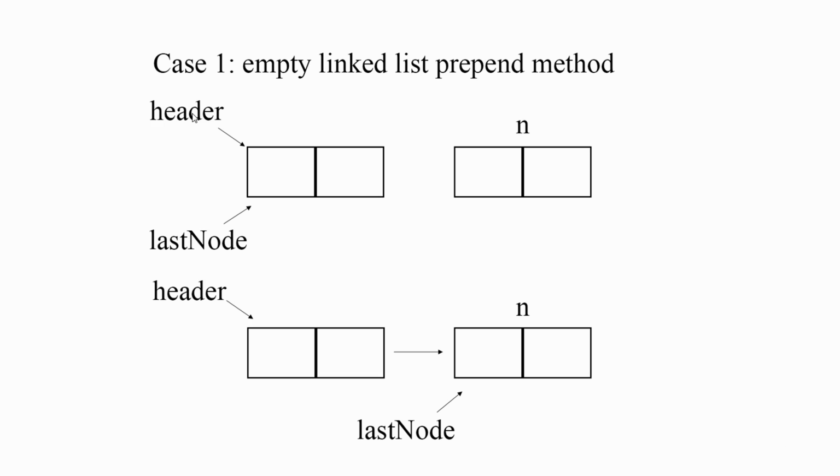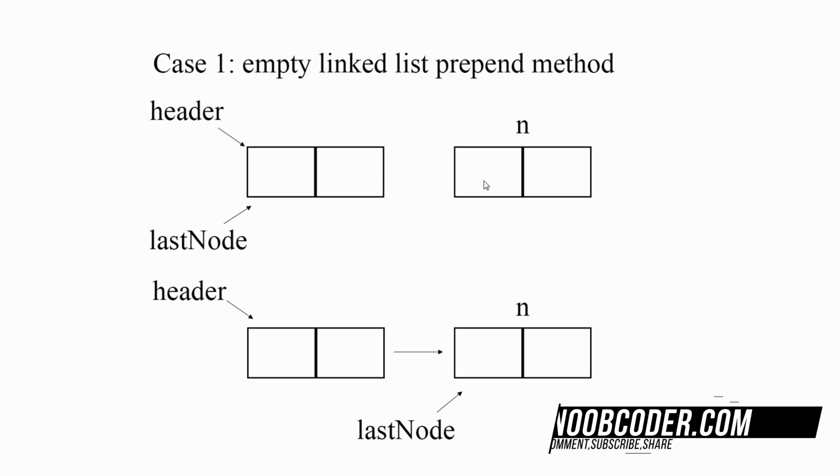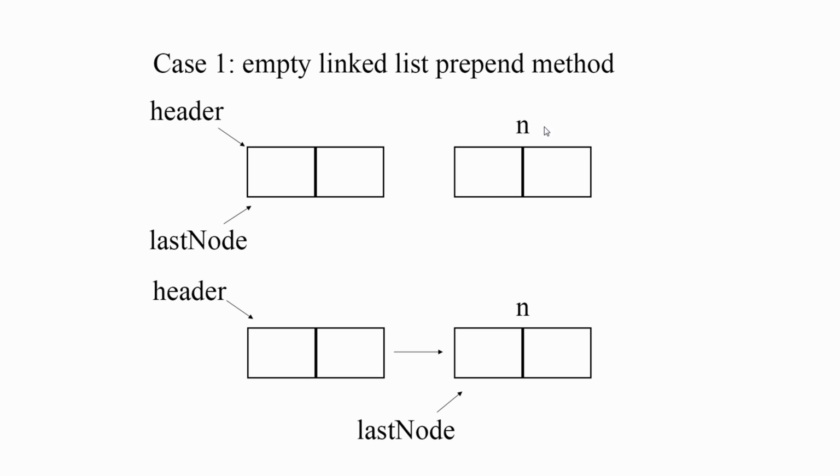So remember, we left off with header referencing a dummy node and last node referencing a dummy node. Now, what I want is to link the dummy node and n, being the newly created node that we want to prepend to the list.